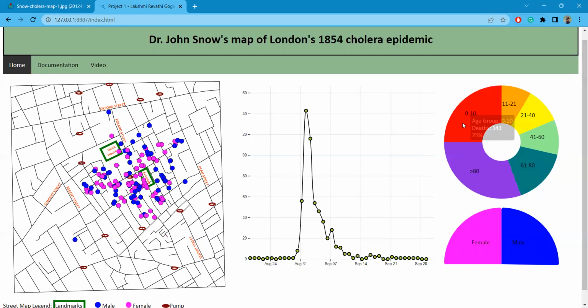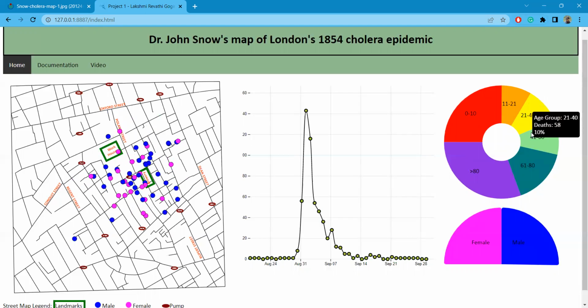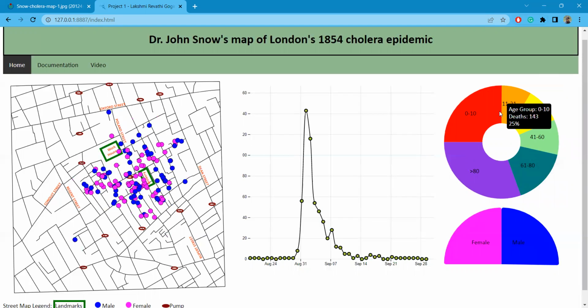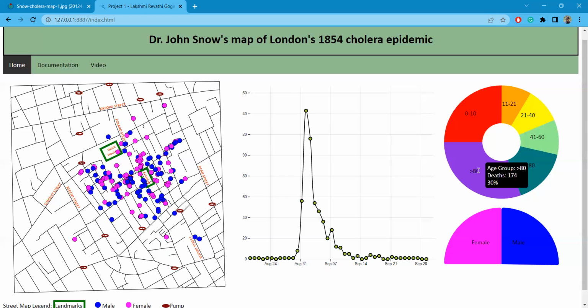So these are the number of deaths that occurred for the children, for the people with age group 0 to 10, and respectively for all other age groups. From this pie chart, I observed that major number of deaths occurred for the people below 10 years and above 80 years. So the cholera outbreak affected most of the children and older people above 80 years.